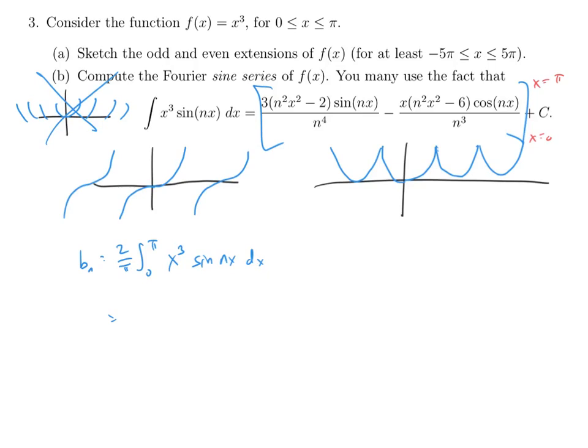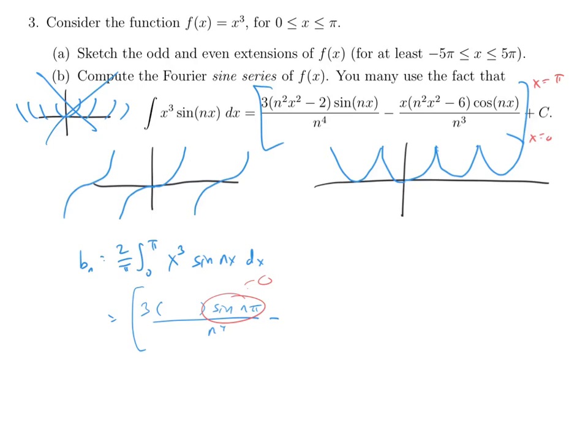Let's think about what that is. So if you plug in, sine of n pi is 0. So 3 something times sine of n pi over n to the 4th, that right there is 0, so that whole thing goes away.